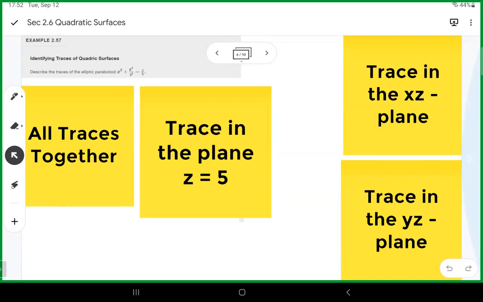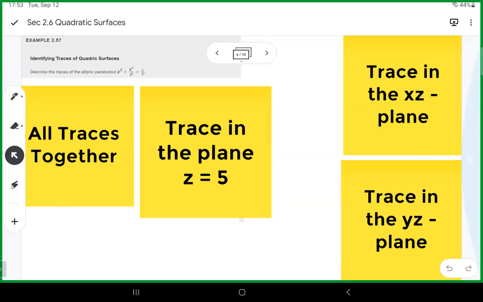To find the trace in the xy plane, we want to set z equal to 0. So that means we're going to take x squared plus y squared over 2 squared equal to 0. Let's define the xy plane. Okay, so the trace in the plane z equals 0 is simply one point, the origin.